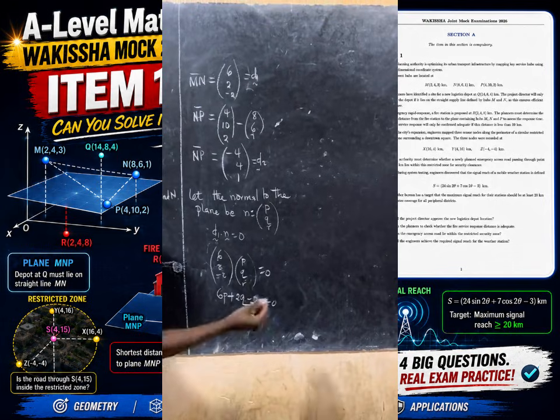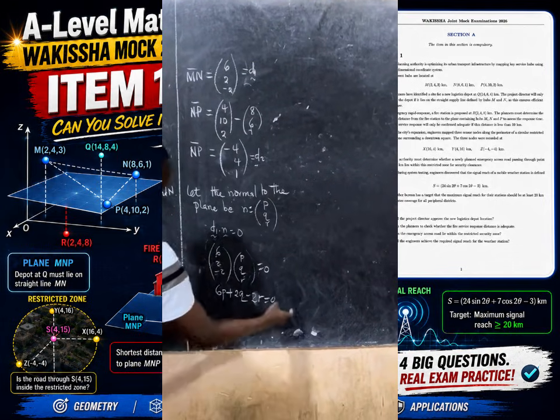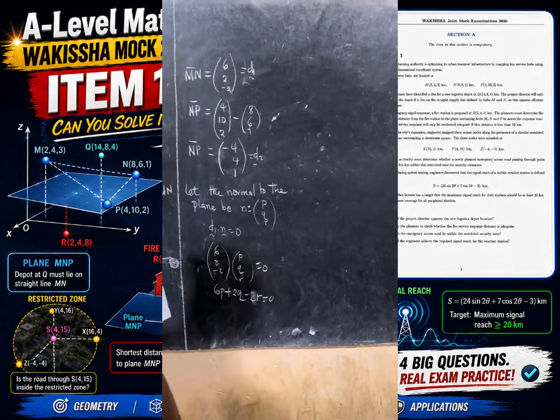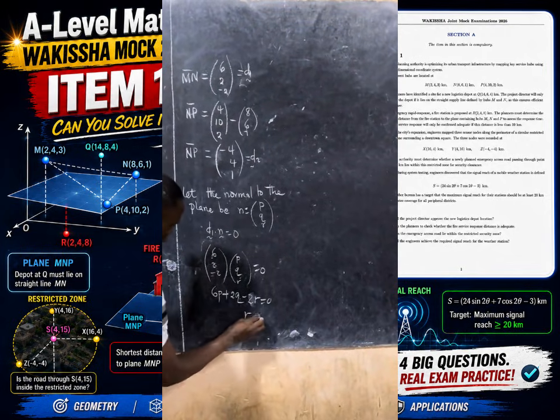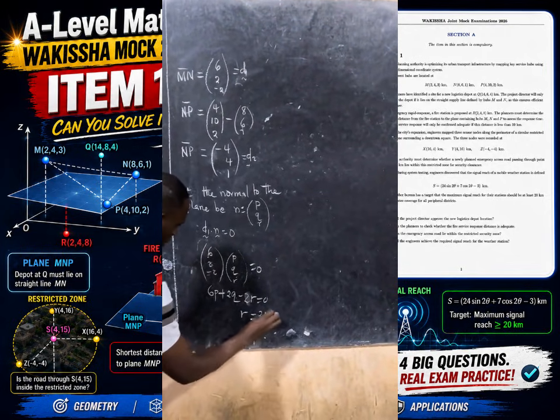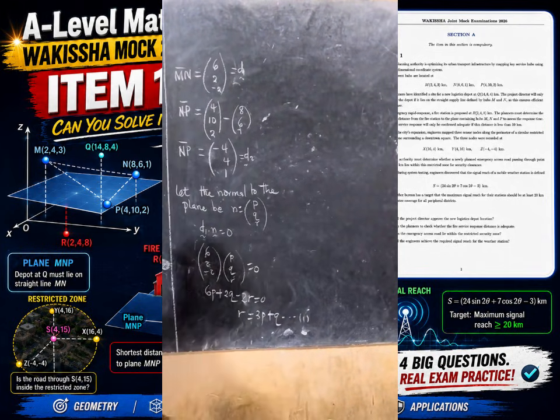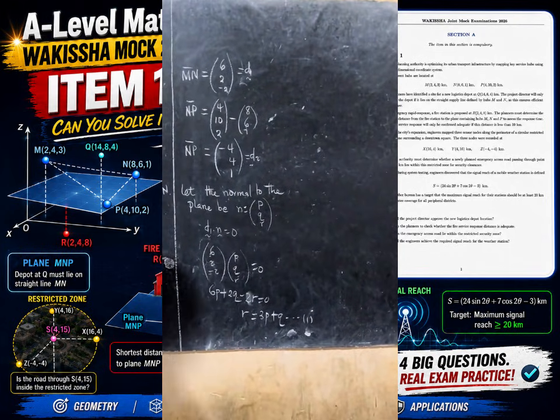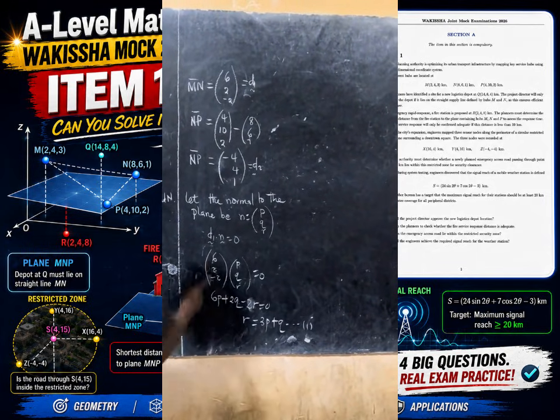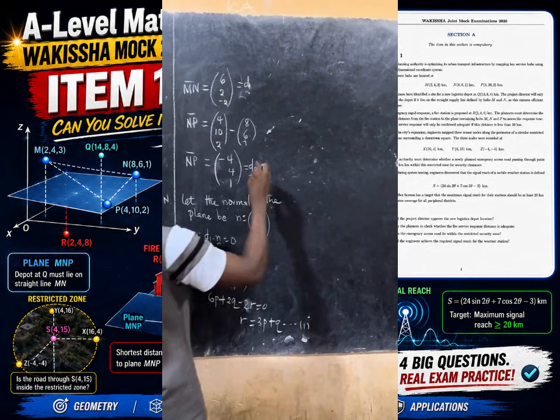I can make R the subject, let the R go the other side, and divide through by 2. So R is equal to 3P plus Q. I call that equation 1. That has been D1 times the normal.